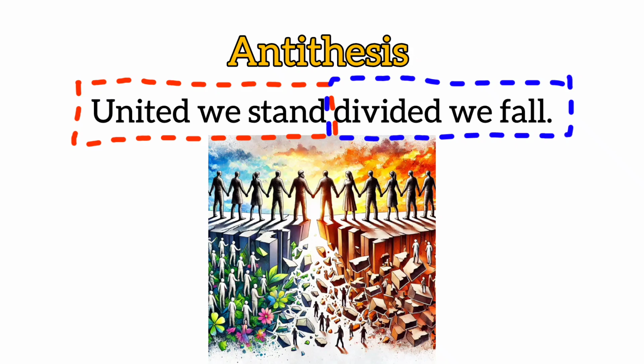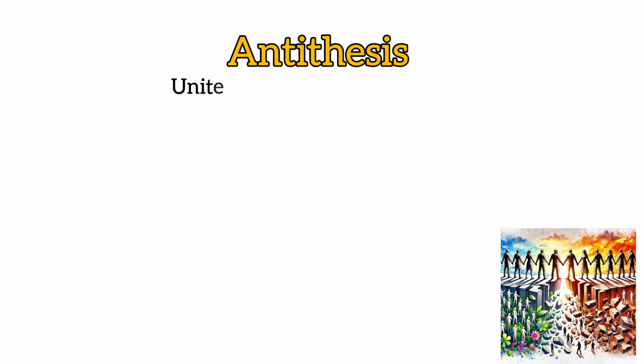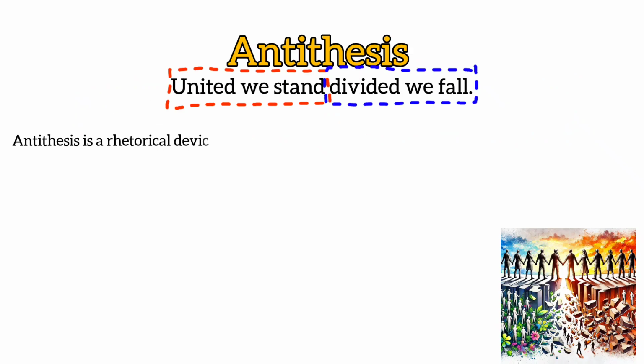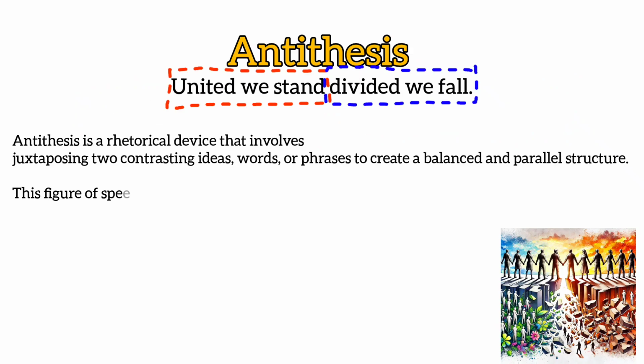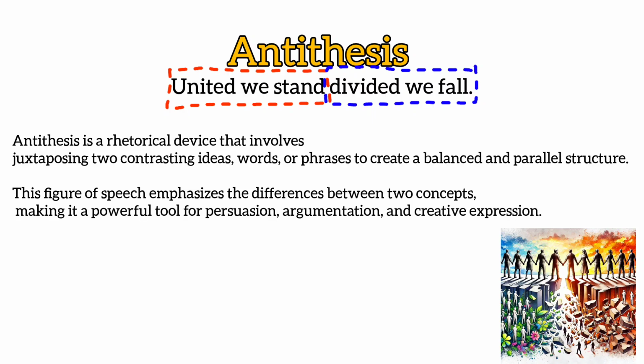So, antithesis is a rhetorical device that involves juxtaposing two contrasting ideas, words, or phrases to create a balanced and parallel structure. This figure of speech emphasizes the differences between two concepts, making it a powerful tool for persuasion, argumentation, and creative expression.